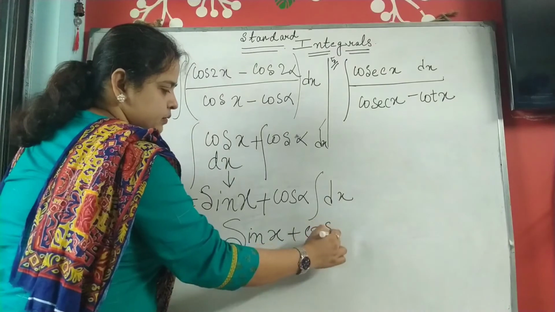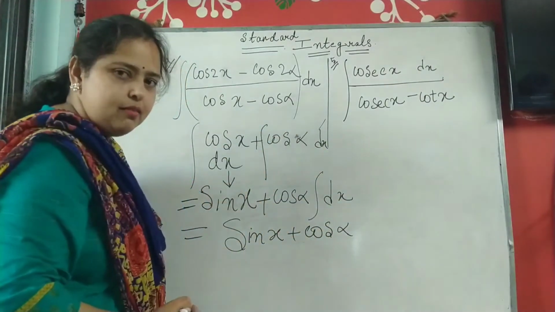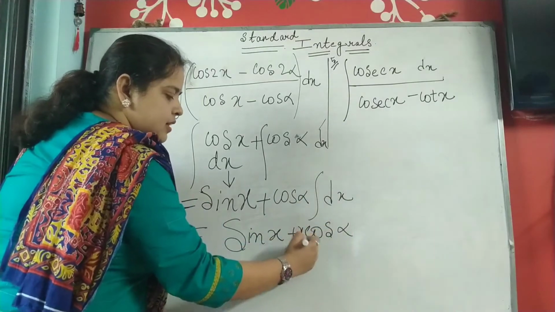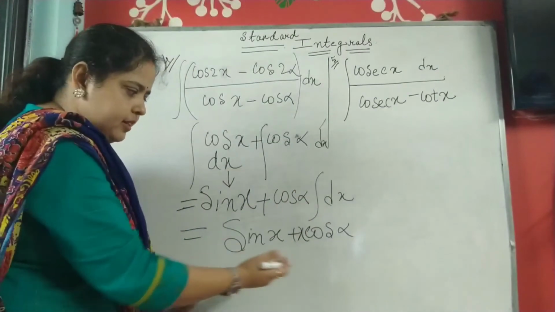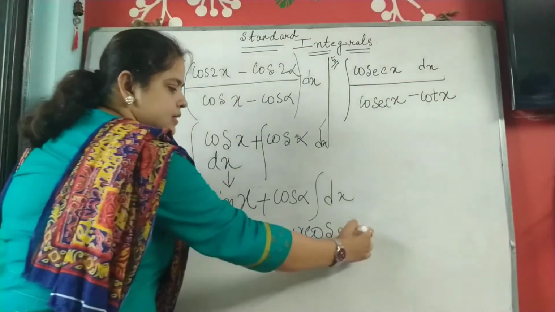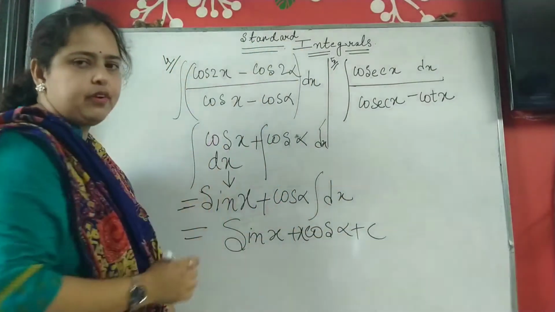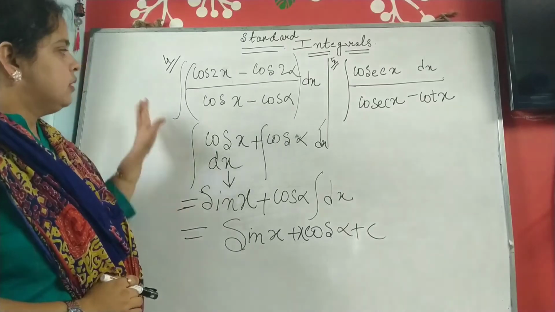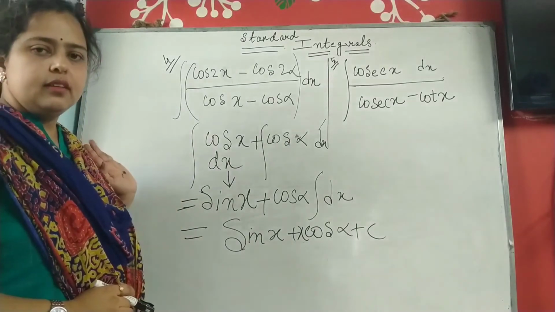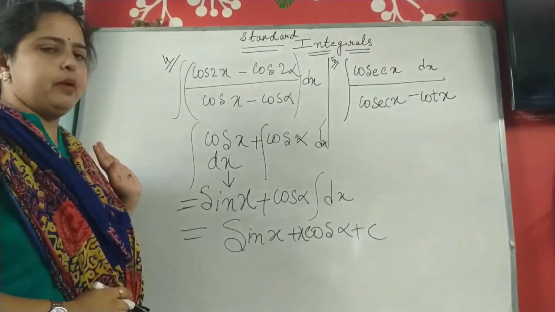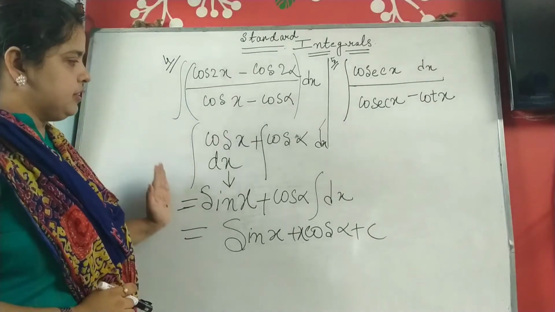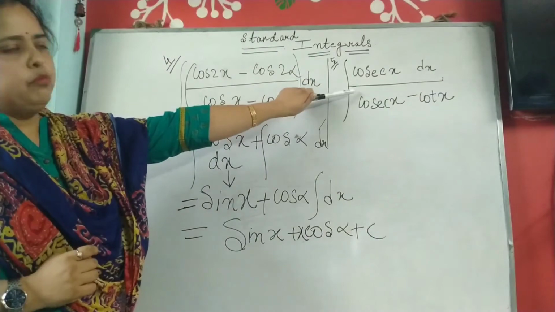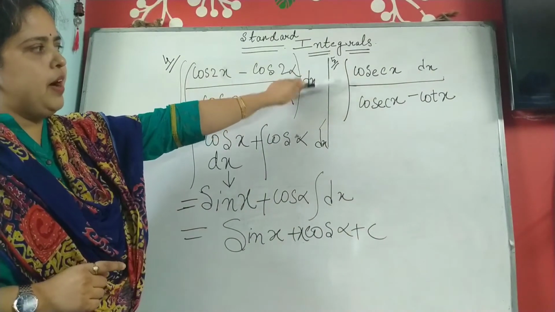So cos alpha and integration of dx, as we have discussed, this is x which I am writing in the beginning, plus c, we should never forget to write down. So this is the answer for this particular integration, and I hope it is clear to everybody. So after this, I am going to erase it. We will be moving towards number 5.